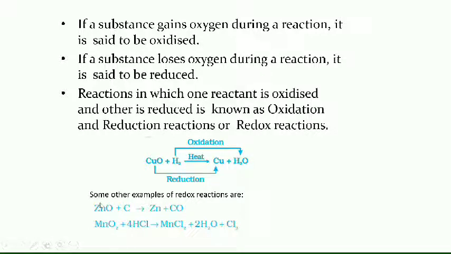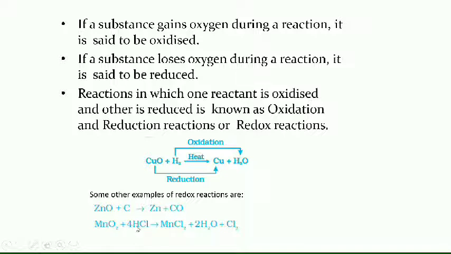Some other examples: zinc oxide, when reacting with carbon, forms zinc and carbon dioxide. Again, this zinc oxide is reduced into zinc and the carbon is oxidized into carbon dioxide. Similarly, MnO2, that is manganese dioxide, reacts with hydrochloric acid. The manganese dioxide is reduced into manganese chloride.